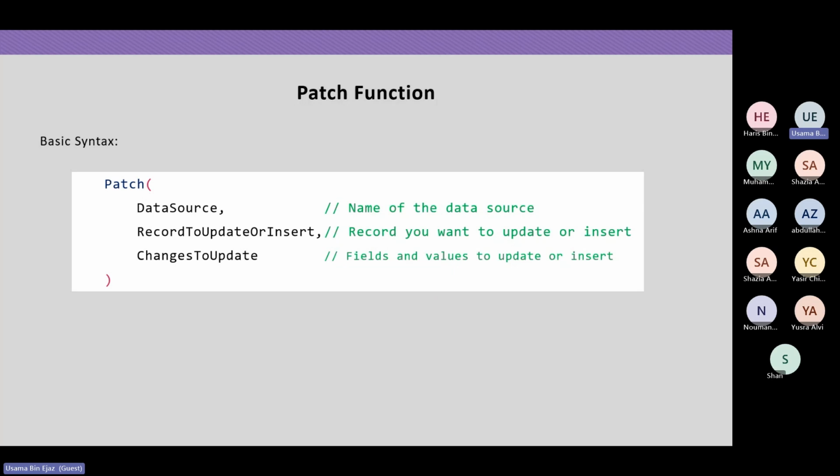For update, we give the reference of the record which we want to update, the ID of the record, the reference of the record which is in the data source we specified in the first parameter. And in the third parameter, we specify which fields we want to insert or update, with their values. So that's the basic syntax.